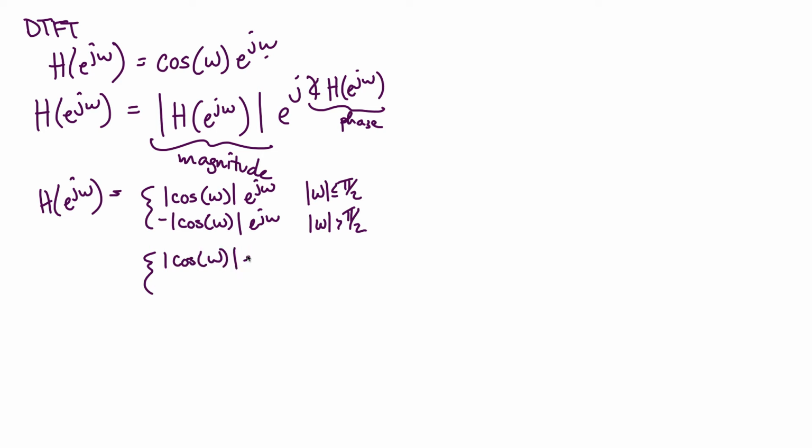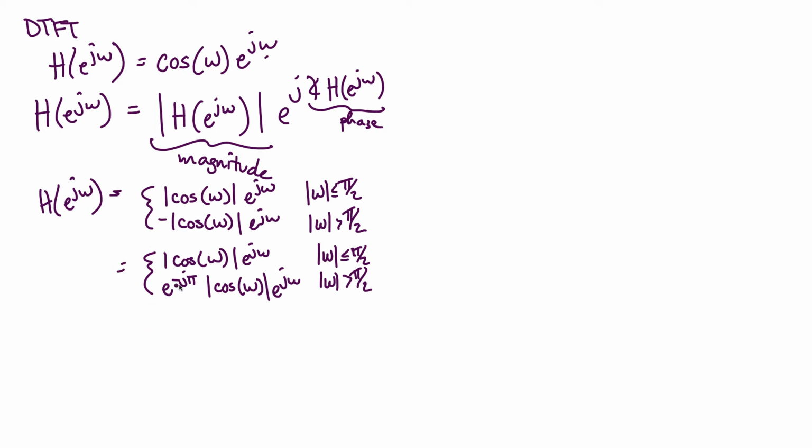We can notice that this negative is simply e to the minus j pi, so we can express this negative sign in an angle, okay, and we still have the same bounds on omega, how omega affects what H is.